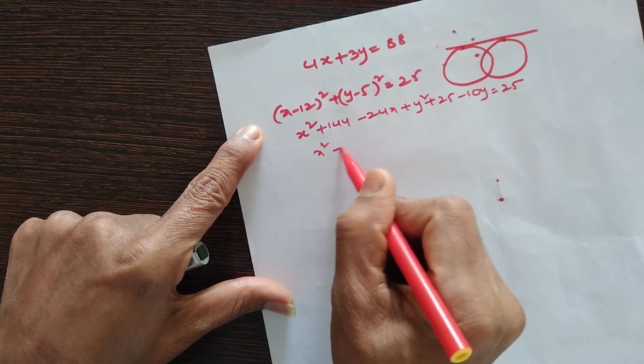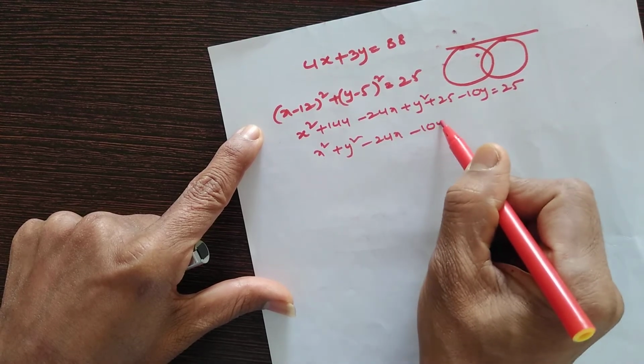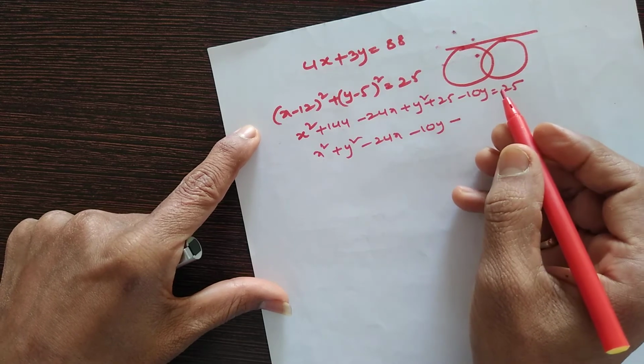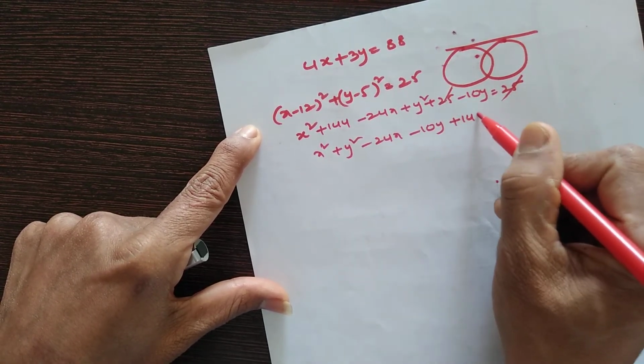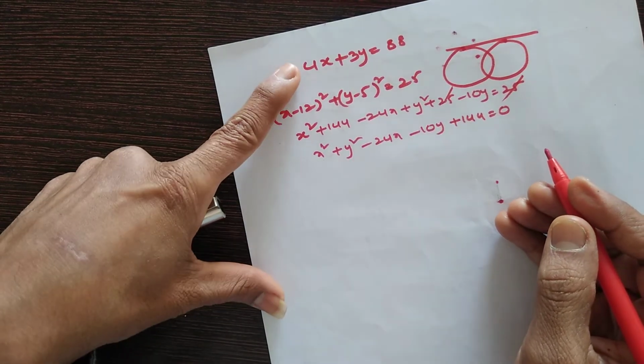So x square plus y square minus 24x minus 10y, and 144 plus 25 is 169; the 25 cancels, leaving 144. Okay, now this is a common tangent.